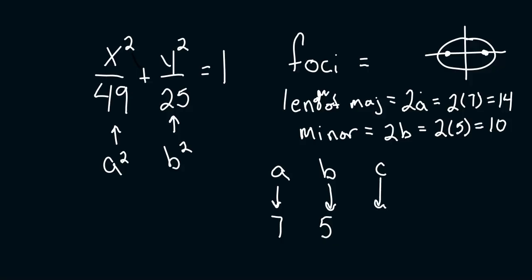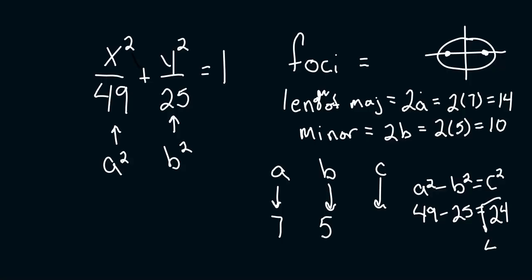Foci, we need to find C. Now, for an ellipse, we're going to use the formula A squared minus B squared equals C squared. So we do 49 minus 25, and that's 24. We square root to find C, because that's C squared. The square root of 24 is about 4.9, 4.90 rounded to 2 decimal points.